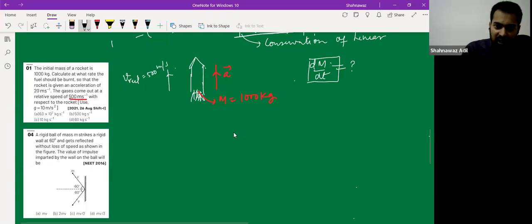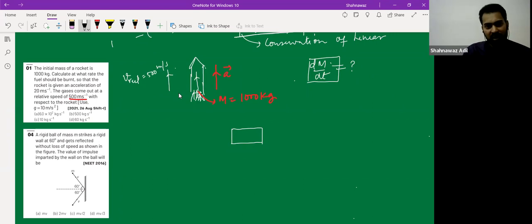Now, the idea is that we have to use the free body diagram. So what are the forces acting on this rocket? One force is that the burning of fuel is creating an upward force, which is called the force of thrust.